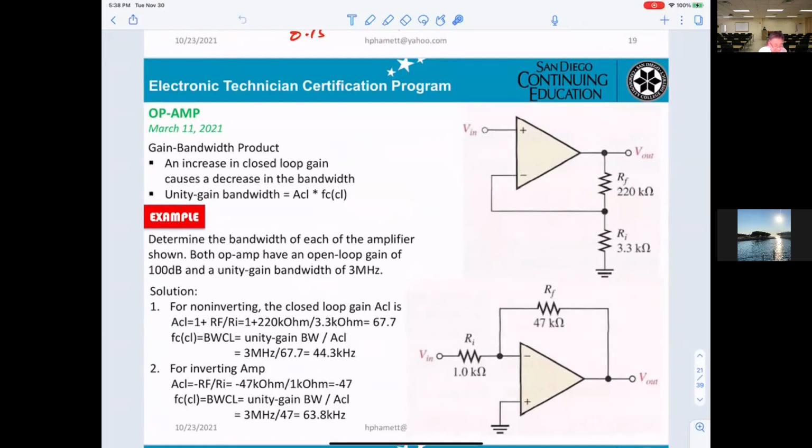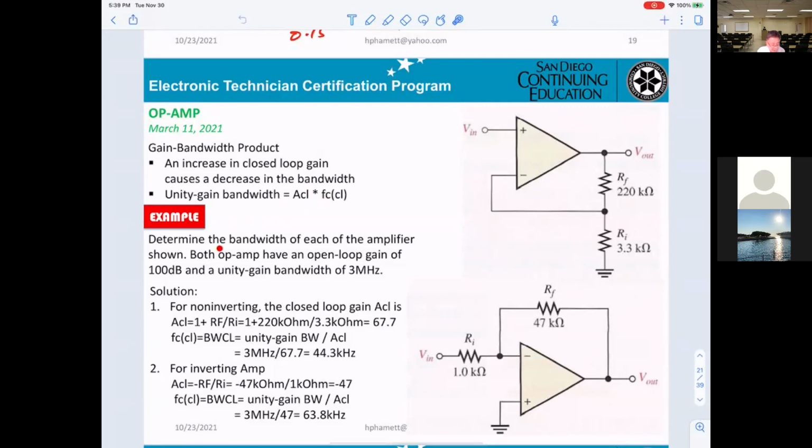Gain bandwidth product. An increase in closed loop gain causes a decrease in the bandwidth. That's only telling you that when you try to get a higher gain, the bandwidth will decrease. Unity gain bandwidth equals ACL, closed loop gain, times FC.